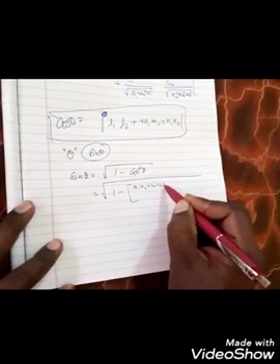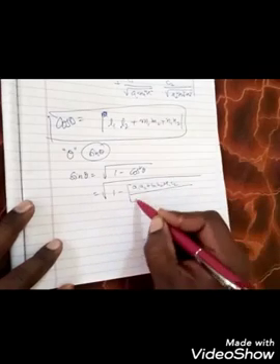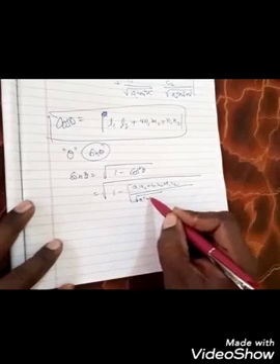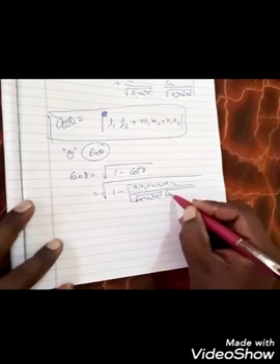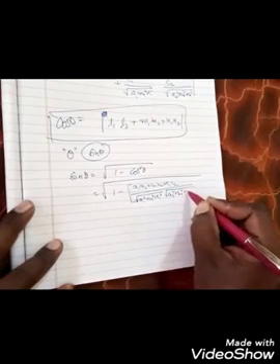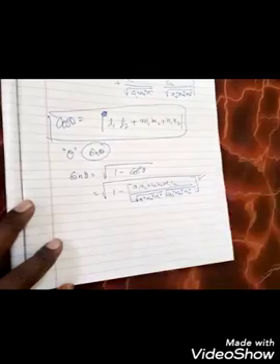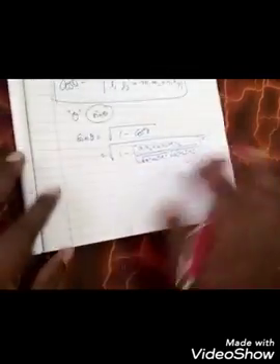b1 b2 plus c1 c2 by root of a1 square plus b1 square plus c1 square into root of a2 square plus b2 square plus c2 square, whole square. Now if you take this square, the root gets cancelled.